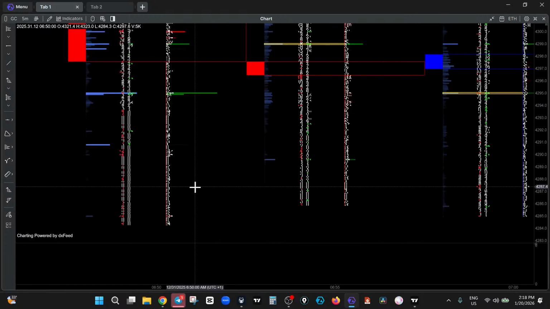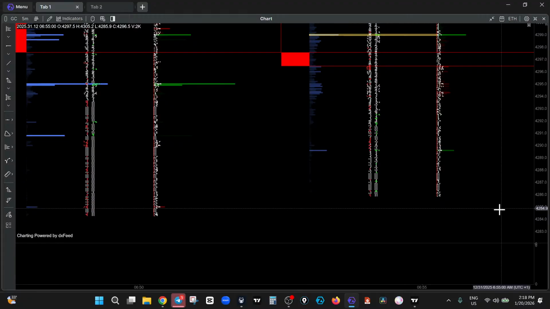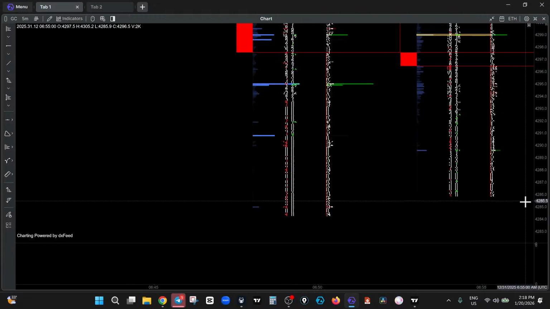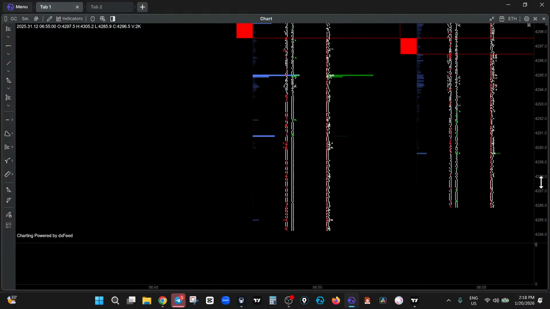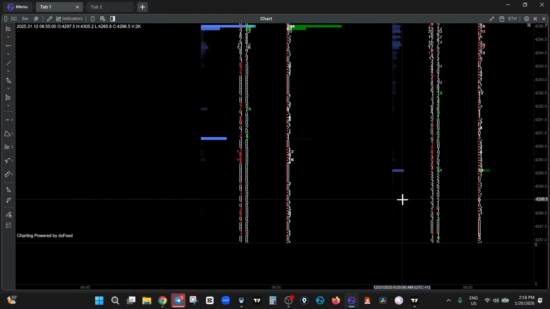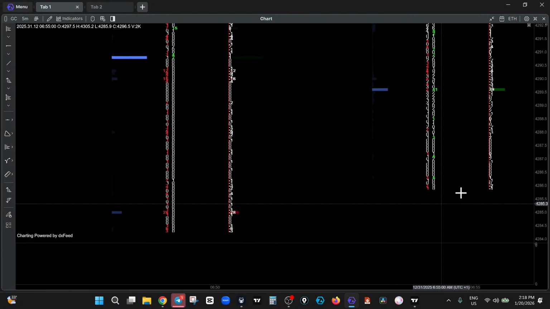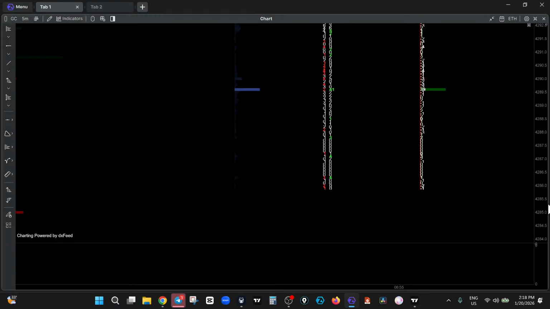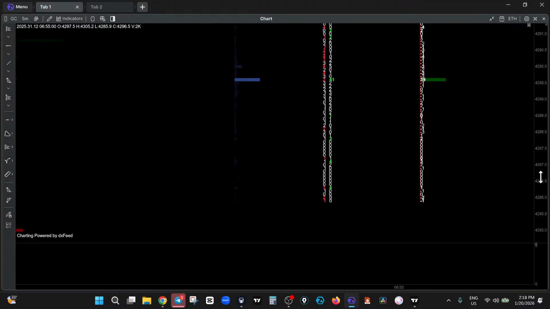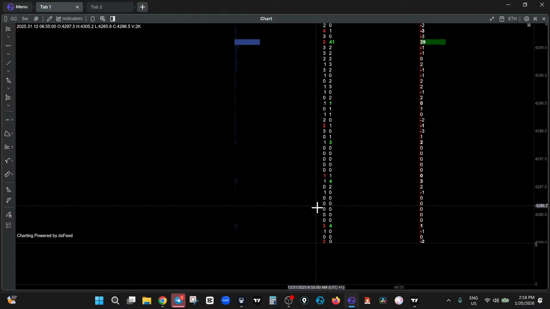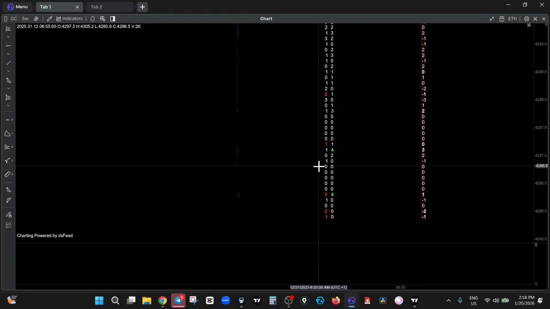First thing you want to see is that there's a complete auction. A complete auction is simply when you see zero at the bottom of the candle. This is what I mean.